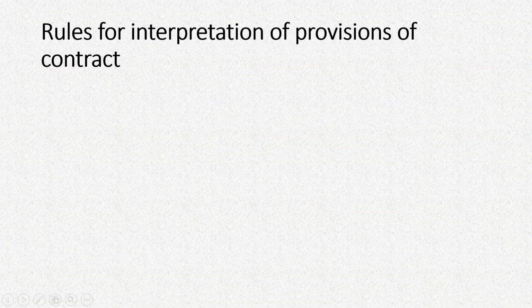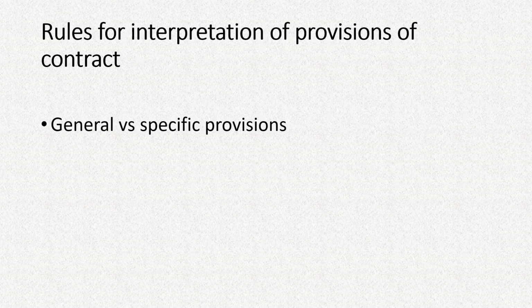Now, there are some rules for interpretation of provisions of a contract in case of disputes. For example, if there are general conditions or provisions and specific provisions. A general provision may be an IS code, which says that something has to be designed or constructed in such a way. But for a specific project, some specific provisions may be made.